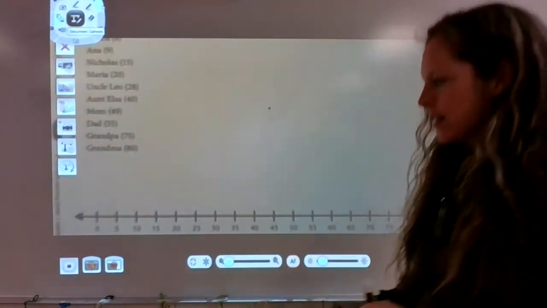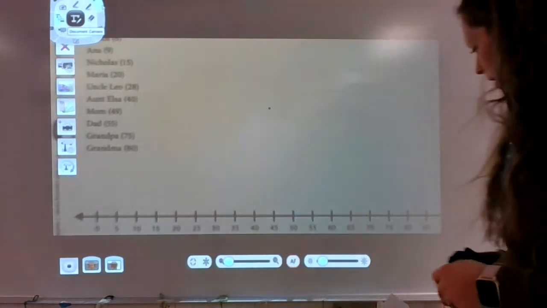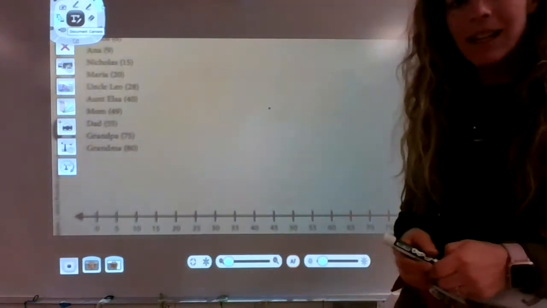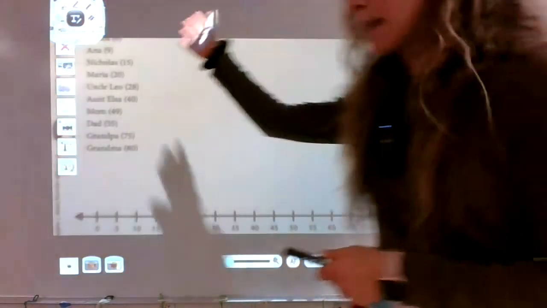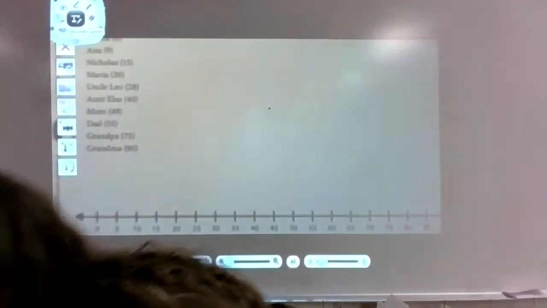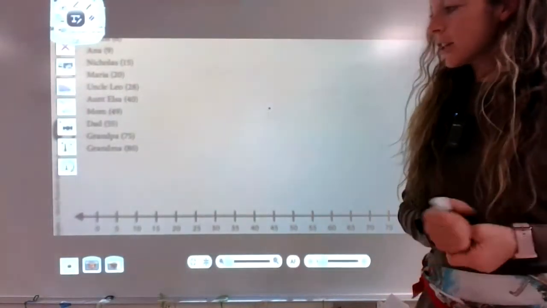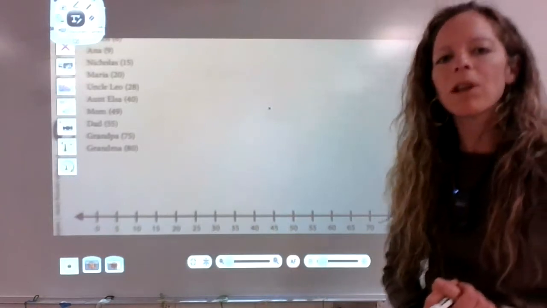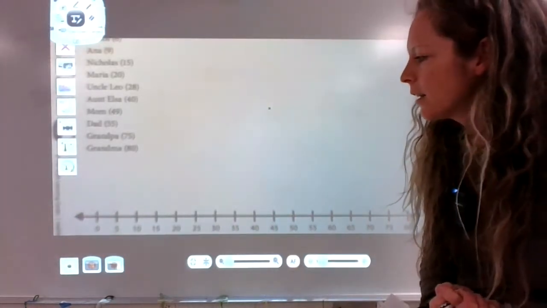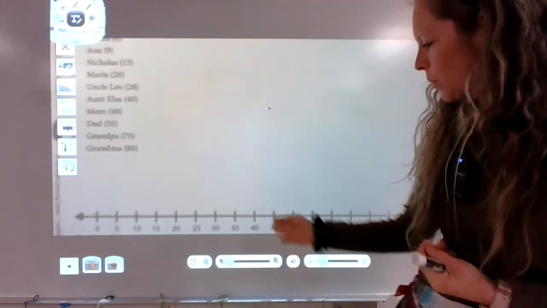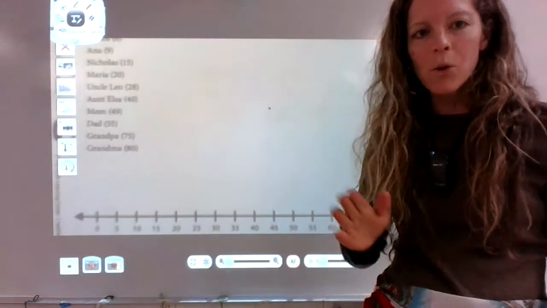already plotted out for me in increments of 5. And it goes all the way to 100, but you can't see on the screen. Here is the family, the Jimenez family, with the names of the family members and their ages. Now, we need to plot them on the number line. And we're going to use those markers to help us knowing whether the number comes before or after.